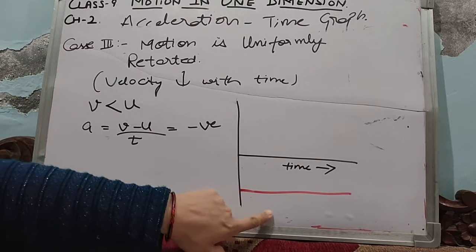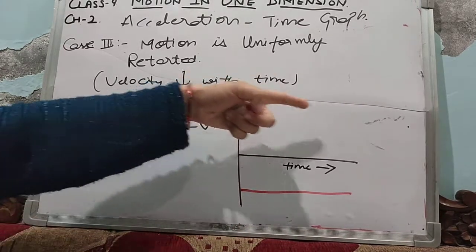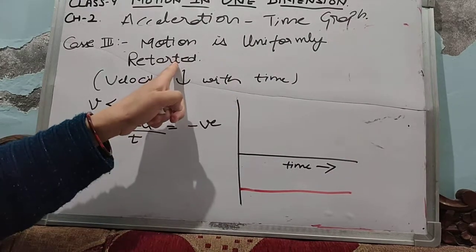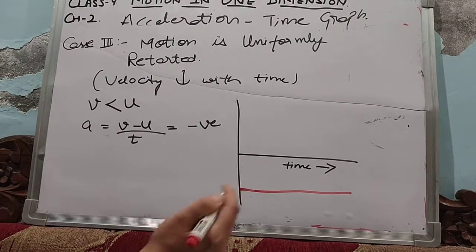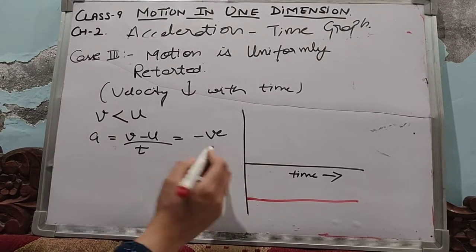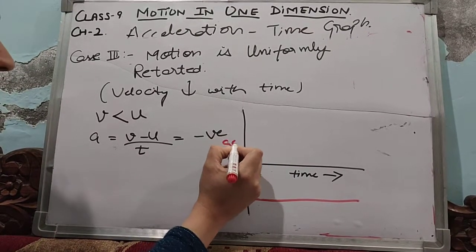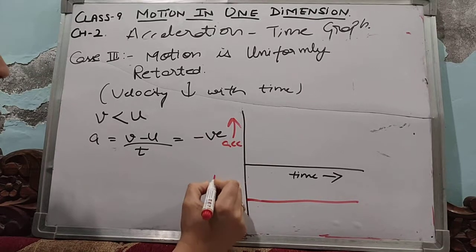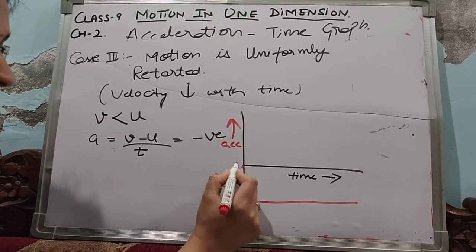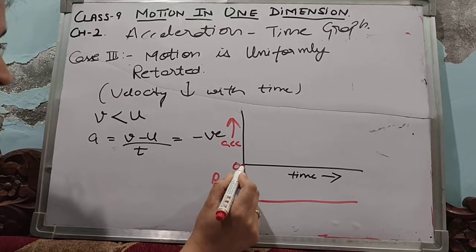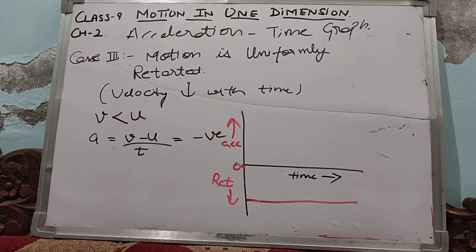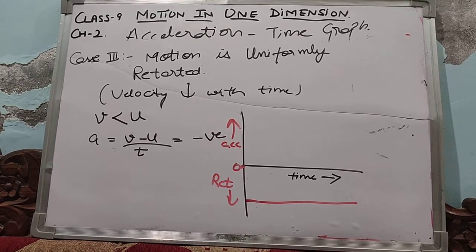For accelerated motion, it will be a straight line parallel to the time axis above the origin, and for retarded motion, or you can say deceleration, it will be a straight line below your origin. So this represents your accelerated motion and this represents your retarded motion. The line below the time axis represents retardation and above represents acceleration.